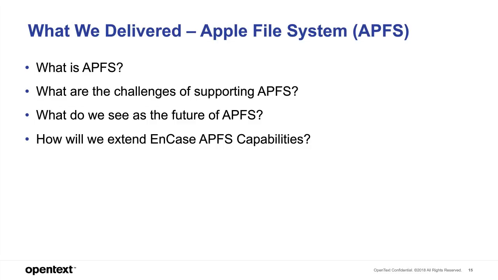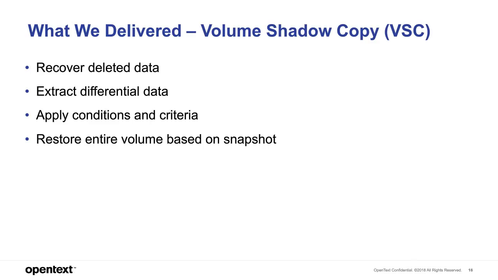But continuing on to what we delivered in 8.07, the next thing which we released is volume shadow copy. And this has been part of EnCase for a long time, actually, via EnScript. Well, what we did was we took it and redesigned it from the ground up and made it part of the core. Volume shadow copy is like snapshots, which are taken by Windows. They help investigators uncover deleted and modified files.